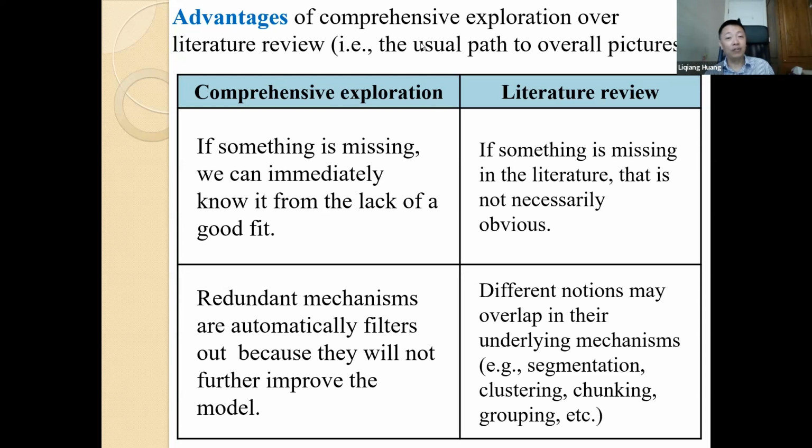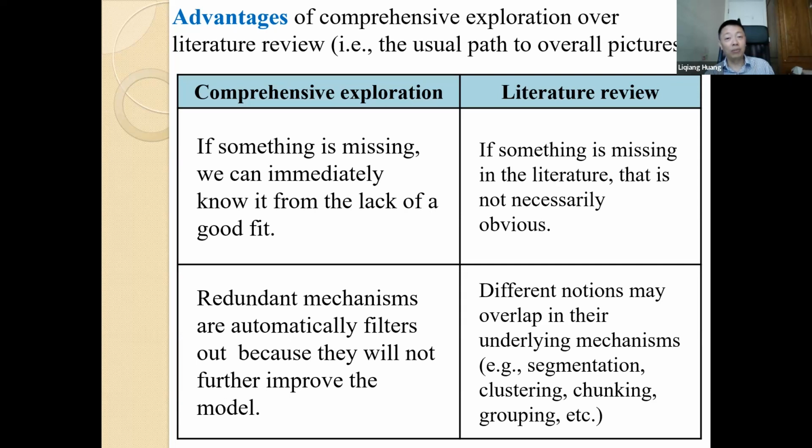First, if something is missing, we can immediately know it from the lack of a good fit. But in a literature review, if something is missing, that is not necessarily obvious. For anyone who has several years of research experience, I'm sure you know that when you read a literature review, it depends so much on what happens to be popular at this moment and what happens to be picked up by some well-known, leading researchers.